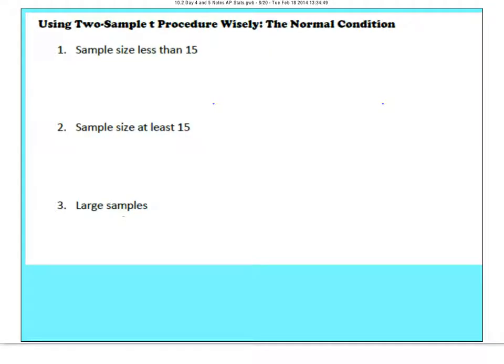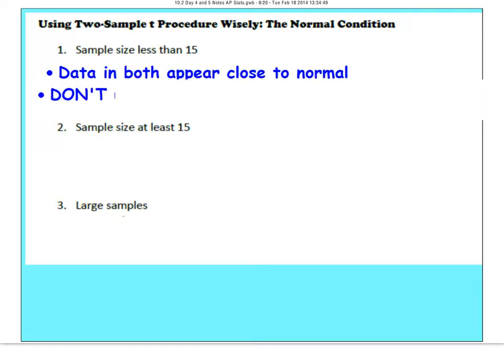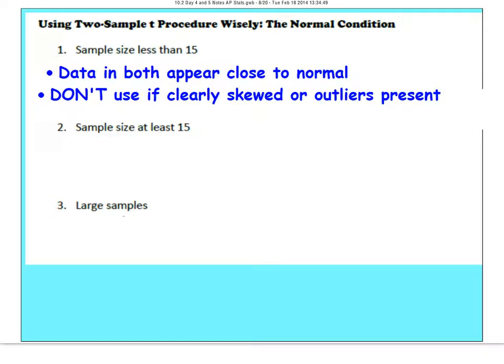We need to take some time now and just talk about using the T procedures wisely in other conditions. So we've talked about this before, but it's important to highlight. If you have a sample size less than 15, remember you have to graph out the data, and the data has to appear approximately close to normal, and we don't want to see any clear skewness or outliers present.